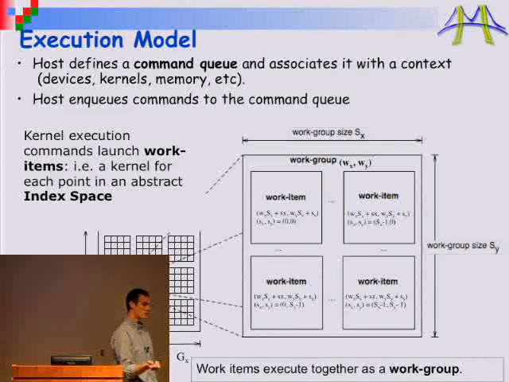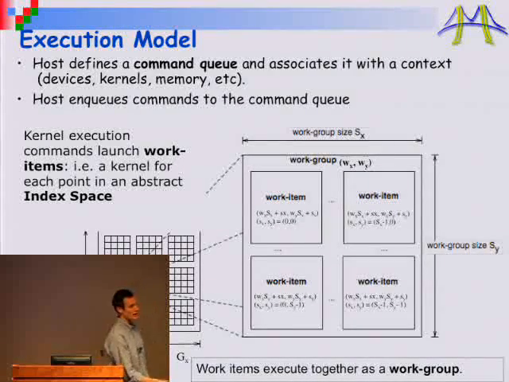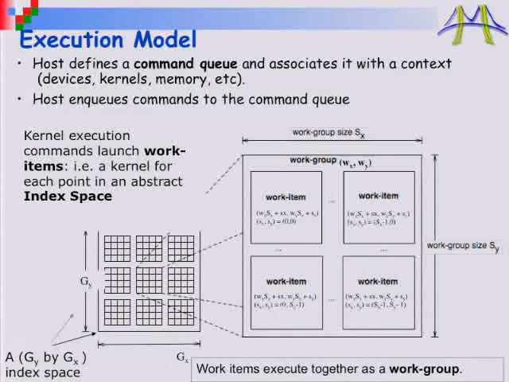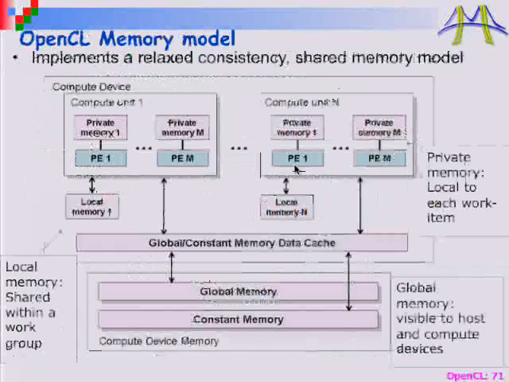The main difference in OpenCL is that there isn't a nice triple angle bracket syntax for doing so. The work items are essentially the same. You can make an analogy between threads and work items. And the abstract index space is essentially the same as those thread index and block index things that you had in Cuda. I guess a work group is the analogy to a thread block.